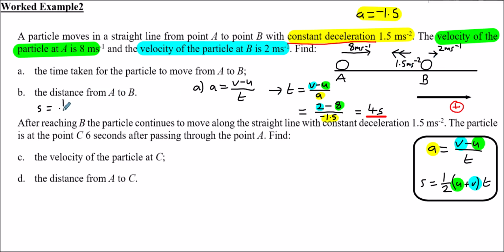So s equals half u plus v, so the starting velocity was 8, final velocity is 2, multiplied by the time, which is 4 seconds. If we work this out now, we get 20 meters.